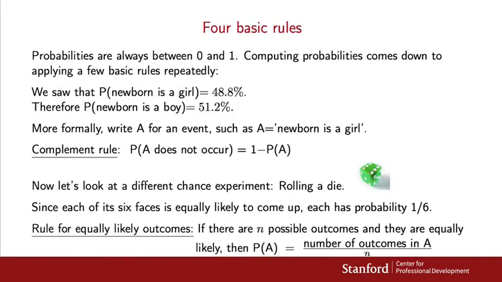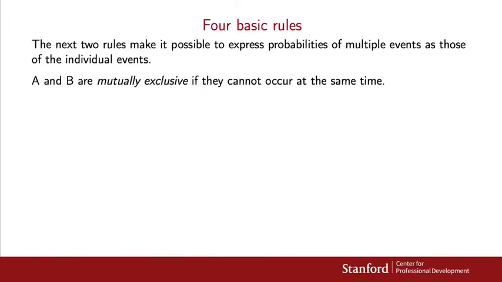If there are n possible outcomes, and they are equally likely, then the probability of an event A is the number of outcomes in A divided by n. In the next two rules, we learn how to compute probabilities of multiple events from those of the individual events. For the first one, we need a small definition. A and B are called mutually exclusive if they cannot occur at the same time.